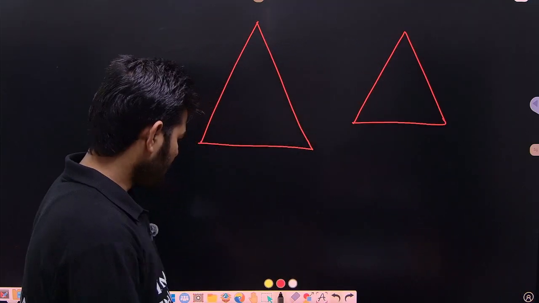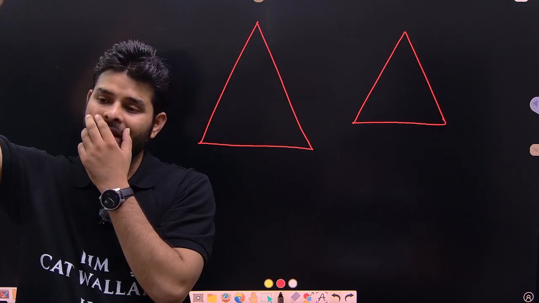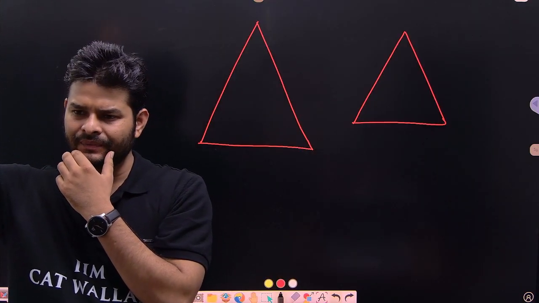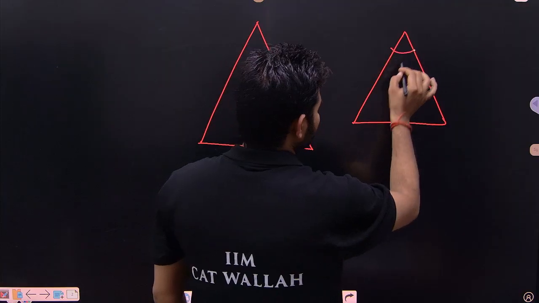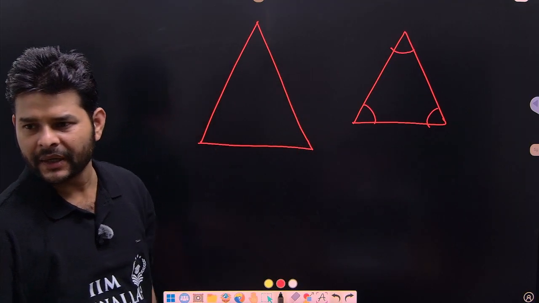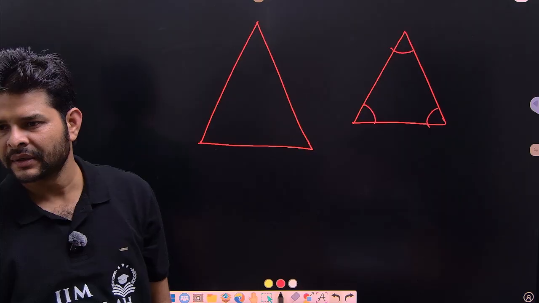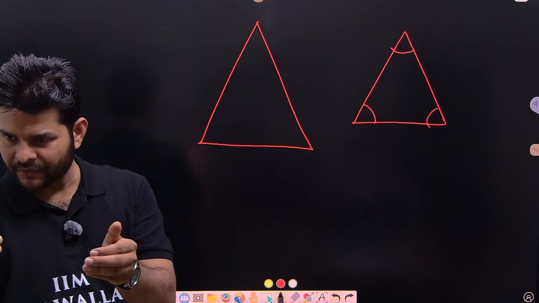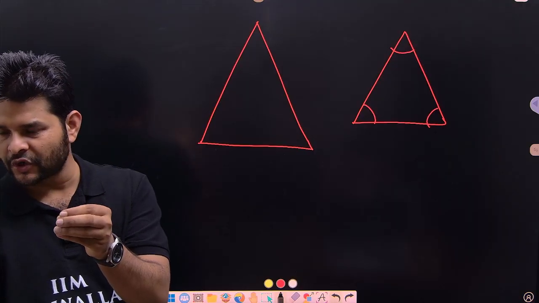So, how did we use to prove that these two triangles are similar? The first property was the angles of the triangles should be equal or same. The position of triangles may differ, but the angles should be same.